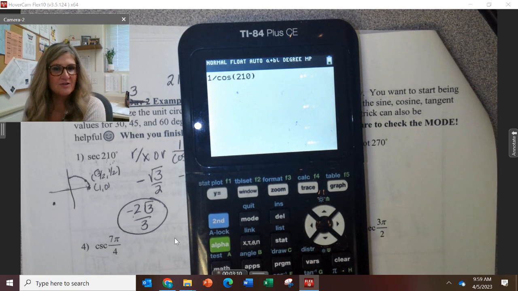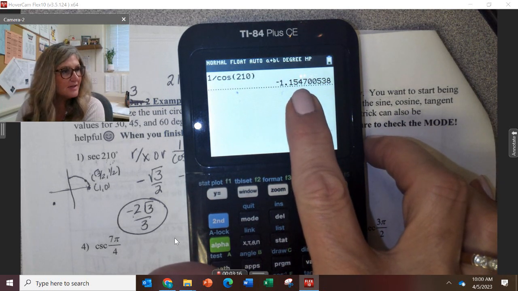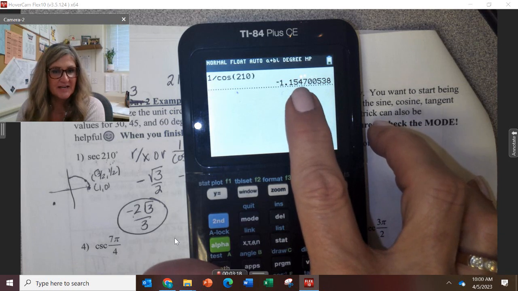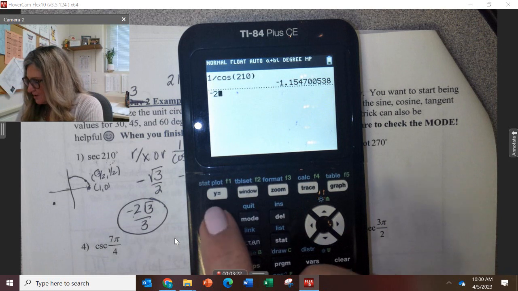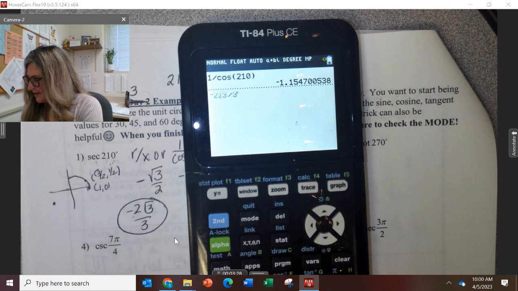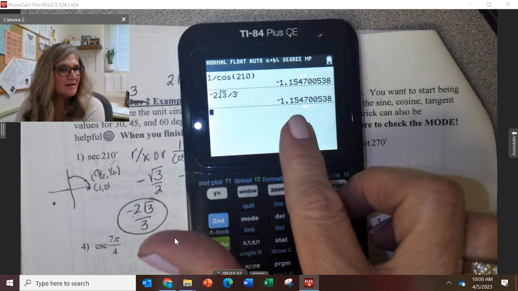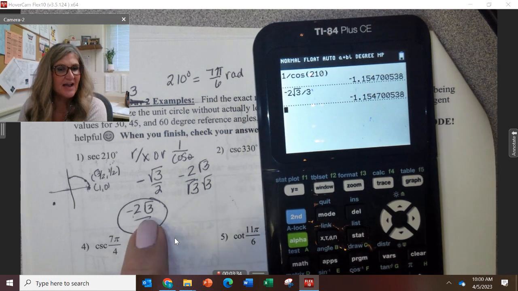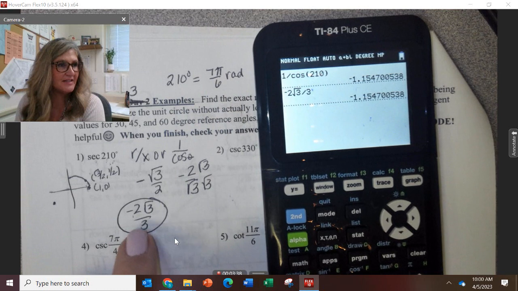That's what the answer is. Is this exact, though? No, this is just an approximate answer. The exact answer is negative 2 radical 3 divided by 3. Yep, they're the same. All right? But it's asking us to find the exact answer, so that is what we should have for the exact answer.